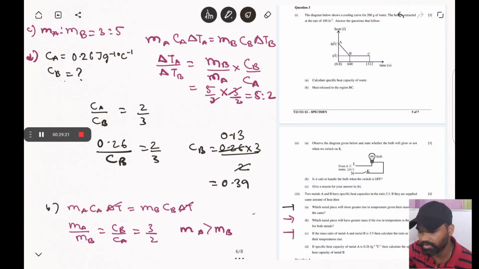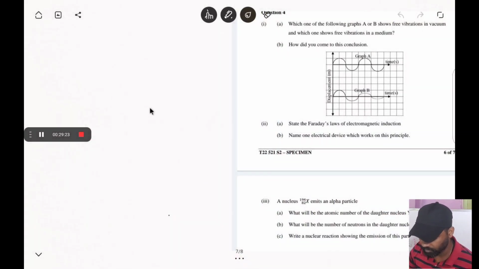Look at question number 4 now. Number 1A. Which one of the following graphs A and B shows free vibration in vacuum, and which one shows free vibration in the medium?